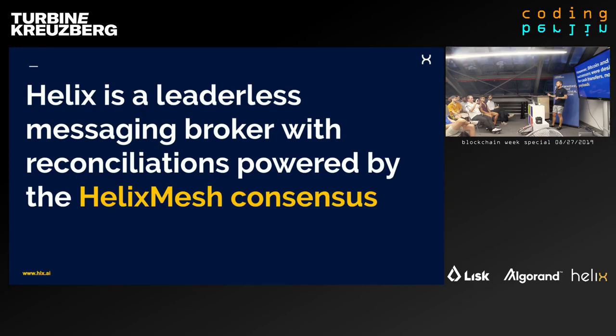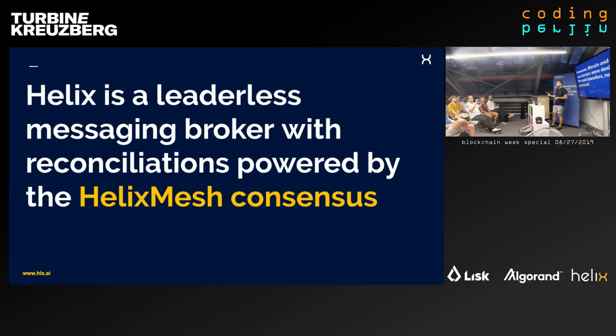And we decided that, okay, we want to start with these premises, so we want to have a highly available system so that we care more about data, so that you can send mostly data transactions, and we are partition tolerant, available, and also eventually consistent, and the reconciliation process is powered by the Helix mesh consensus.